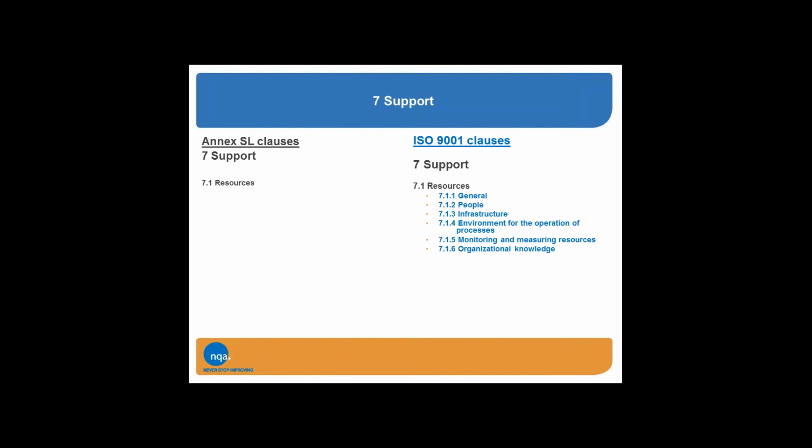However, the blue text, those sub-clauses if you like, they are in addition to Annex SL. So the quality profession in drafting 9001 has taken advantage of the opportunity to spell out more clearly, more explicitly, what we feel is important by way of general resources. I'll come back to that in a moment.